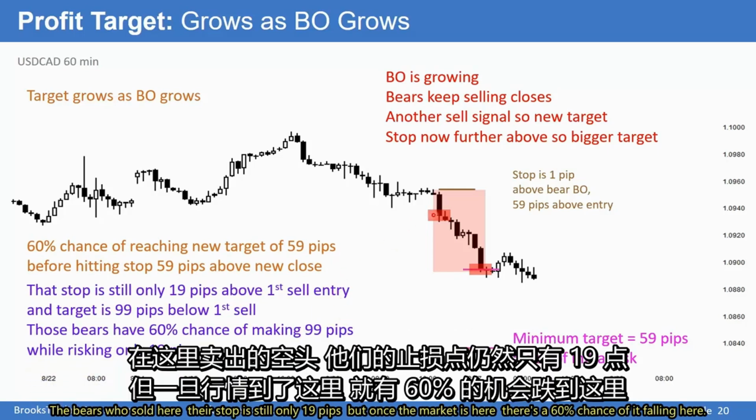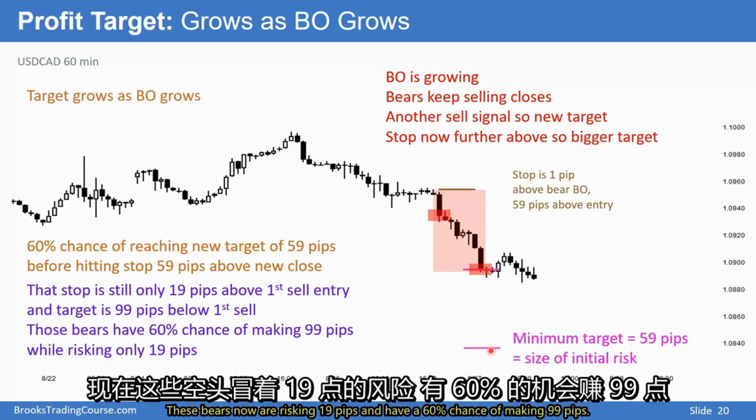The bears who sold here, their stop is still only 19 pips. But once the market is here, there's a 60% chance of it falling here. These bears now are risking 19 pips and have a 60% chance of making 99 pips.